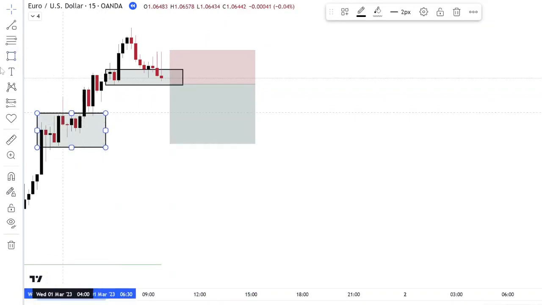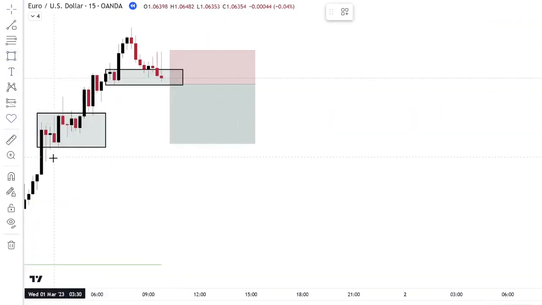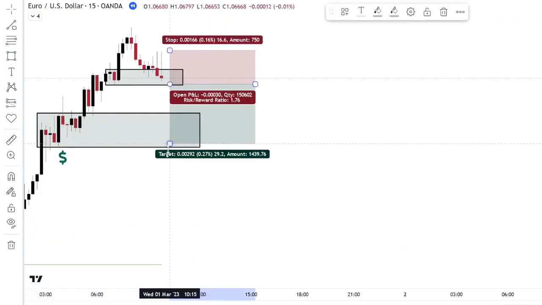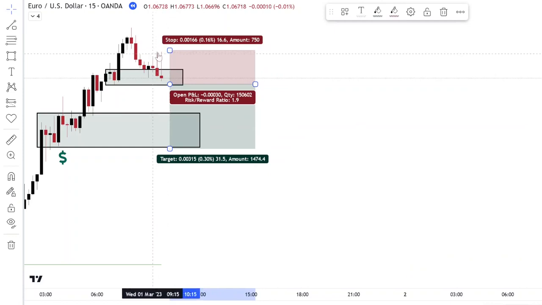And there's a lot of liquidity under this base. So you can maybe even target this area, and your stop loss would be right above your exhaustion candle right here, which failed of this institutional candle. That's one way to do it.